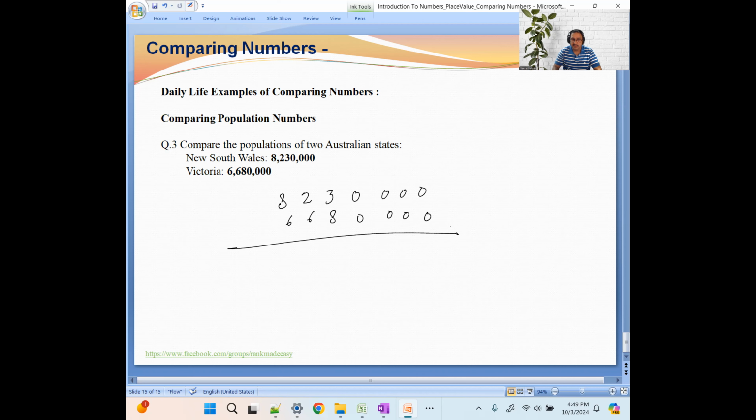Both numbers have an equal number of digits. This is a scenario where we have to compare the leftmost digit. The leftmost digit in the first number is 8 and the leftmost digit in the second number is 6. Because the leftmost digit in the first number is bigger than that in the second number, the first number, the NSW population, is greater than Victoria's.